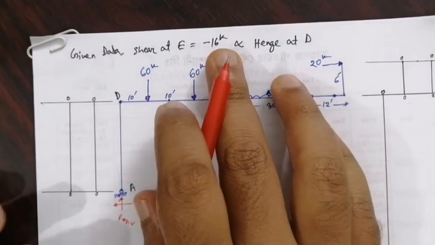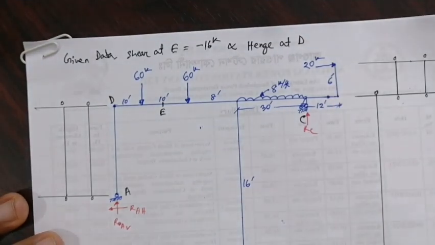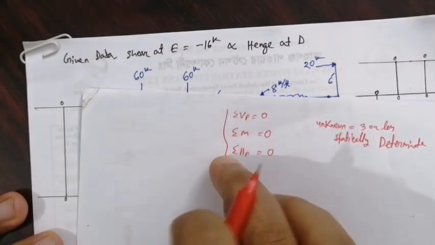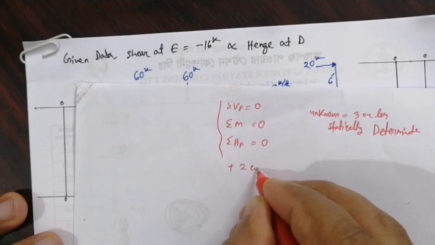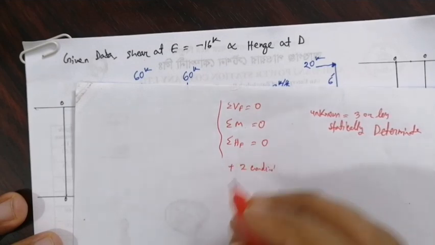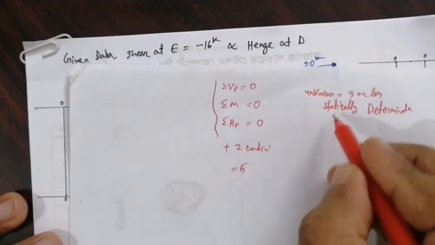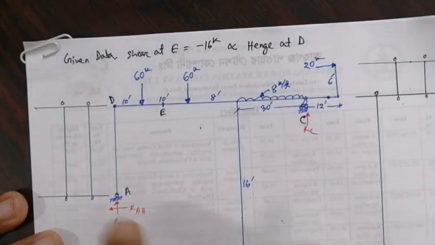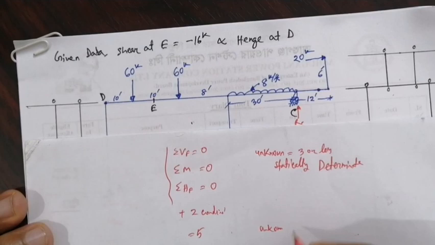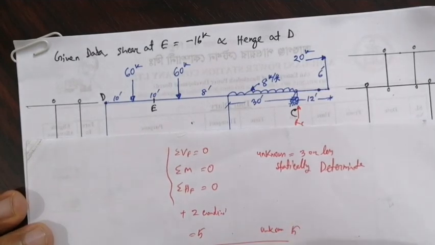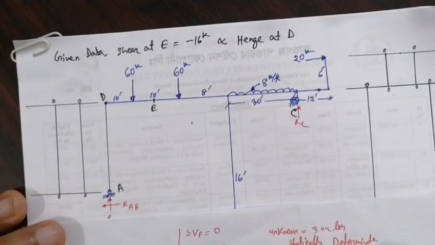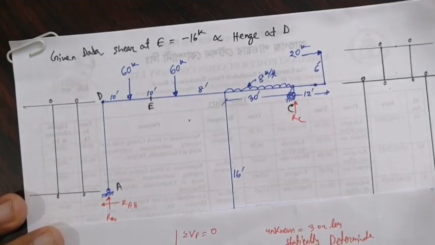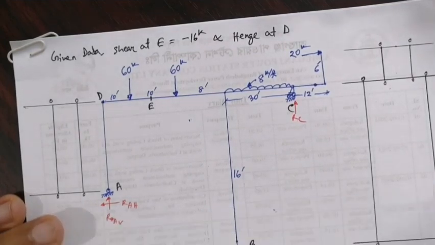So with 3 equations plus 2 conditions, total 5, equal to our unknowns, 5. Now this structure will be statically determinate.